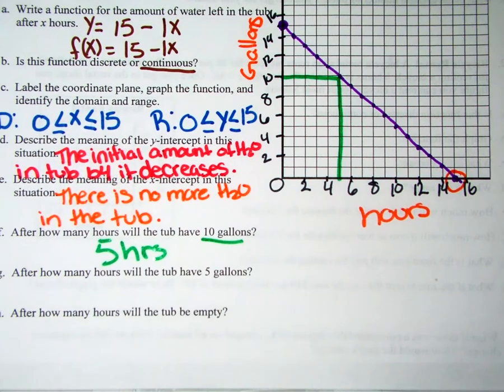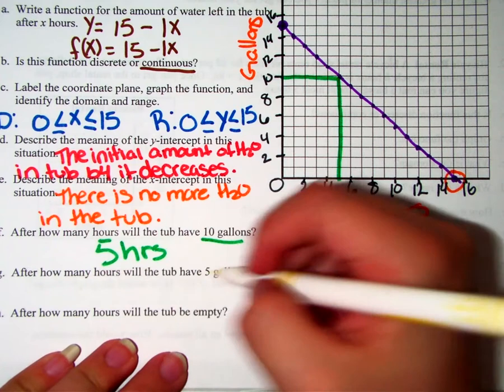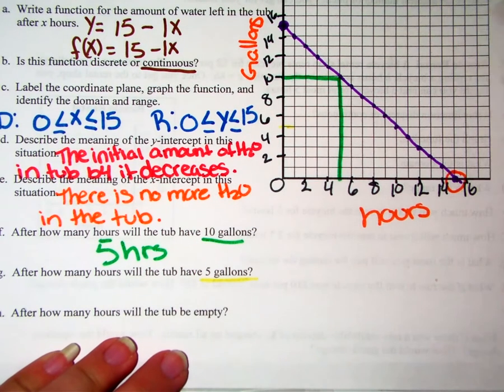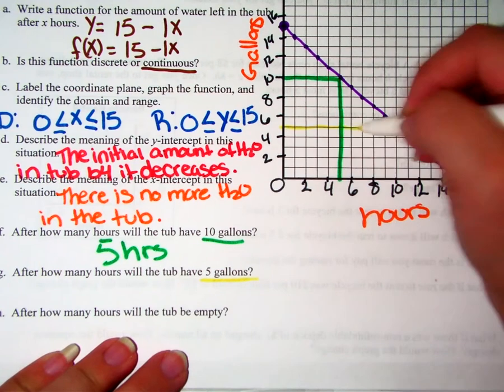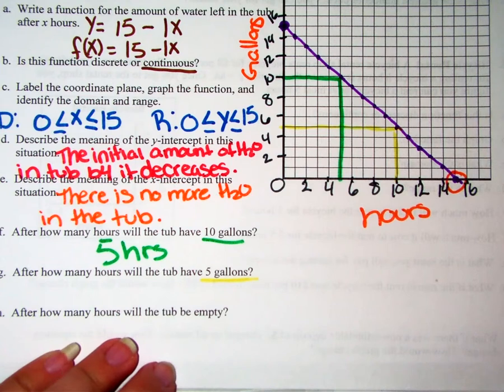And let me switch colors. After how many hours will the tub have 5 gallons? So I'm going to go to 5 gallons, go all the way across and down, and you said, what was it? 10.